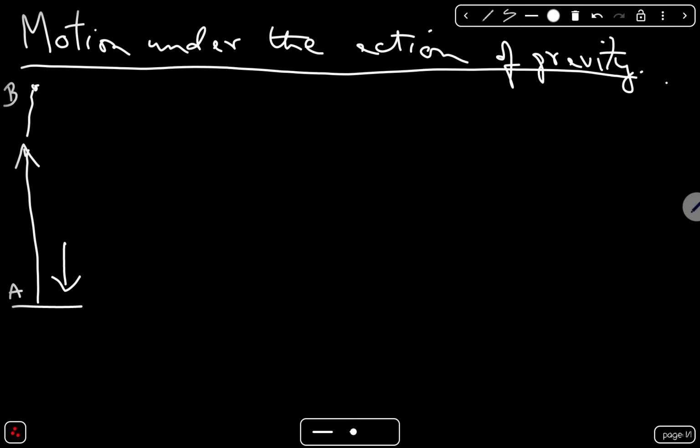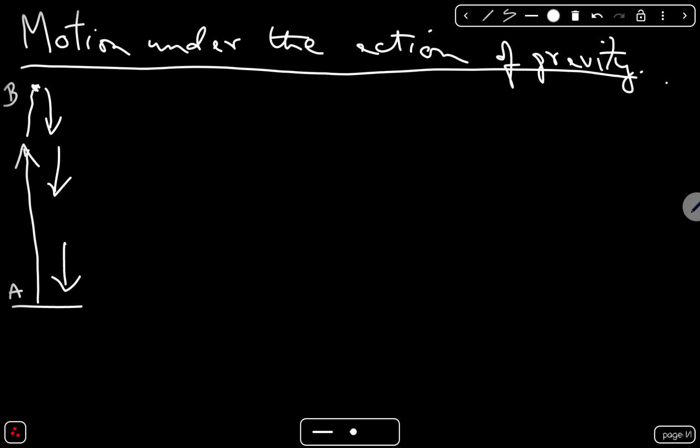After that, the body will again start traveling back towards the ground due to the force of gravity acting in the downward direction. So the point to be kept in mind here is, when the body is going upwards, the force of gravity is acting downwards, that is in the opposite direction.